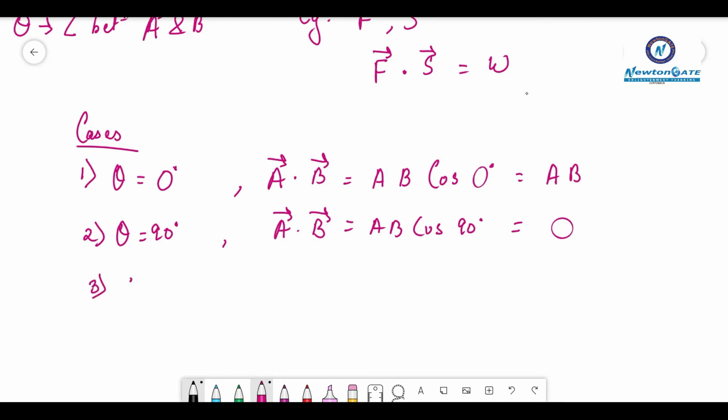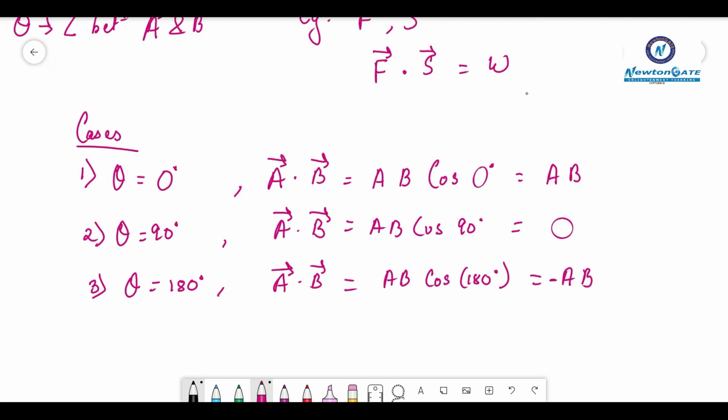Now the third case, if theta is equal to 180 degree, A dot B is equal to AB cos 180 degree. The value of cos 180 degree is minus 1, so we get AB with a minus in front. No change of direction, it is just the magnitude values we have for dot product.